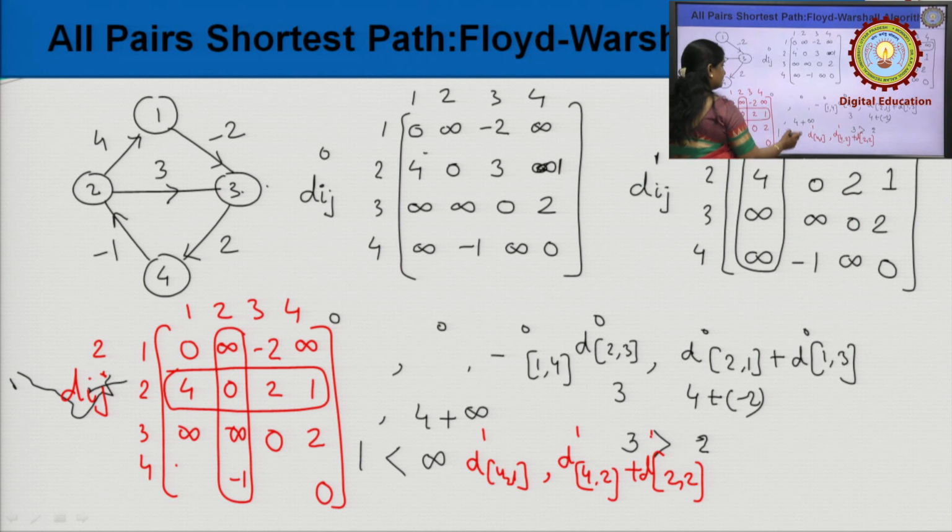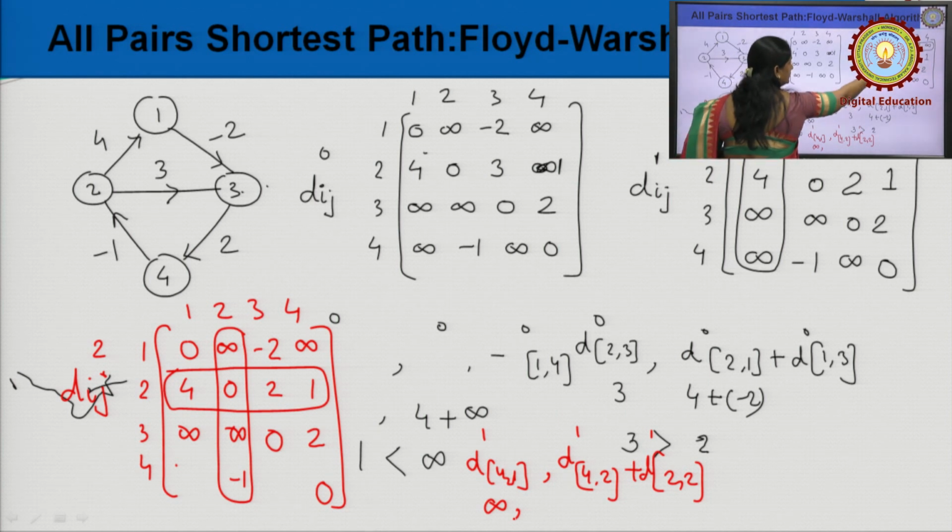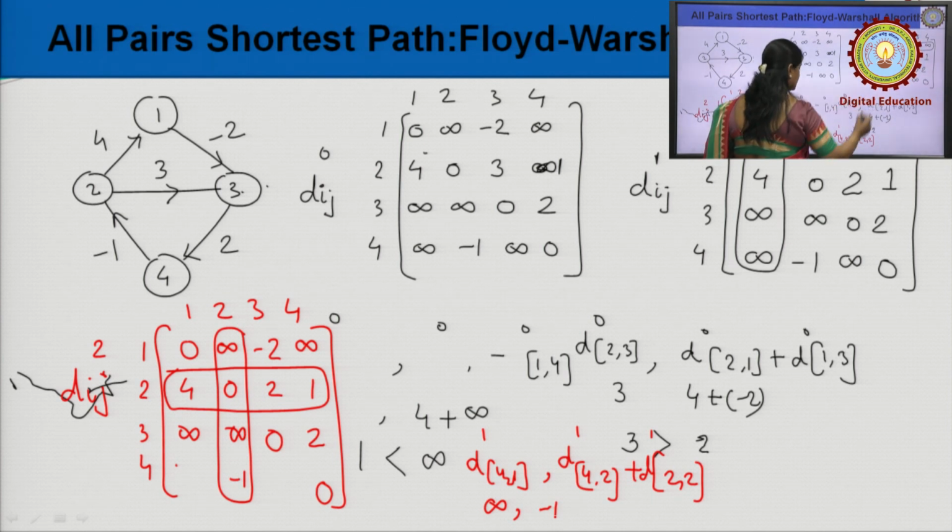The value of 4 1 is infinity and the value of 4 2 is minus 1, plus 2 1 is 0, that is 0.